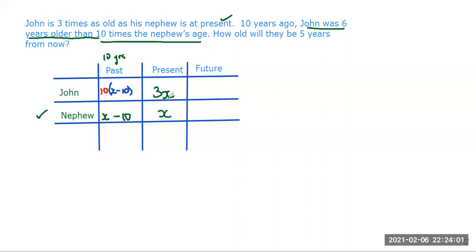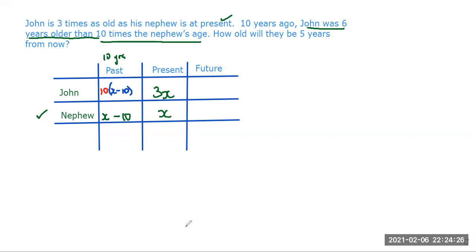Currently, he's only 3 times older than the nephew. But 10 years ago, he was 10 times the nephew's age. The nephew's age was X minus 10, and that was 10 years ago. During that time, the uncle was 10 times that amount. But not just 10 times that amount, he was 6 years older than 10 times that amount.